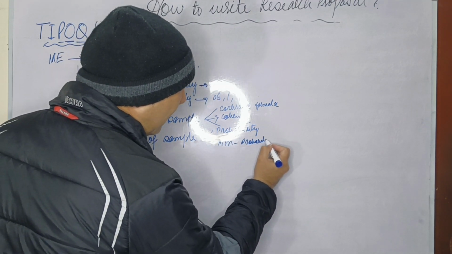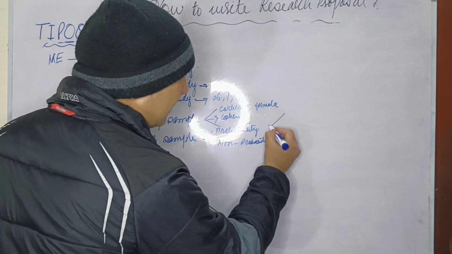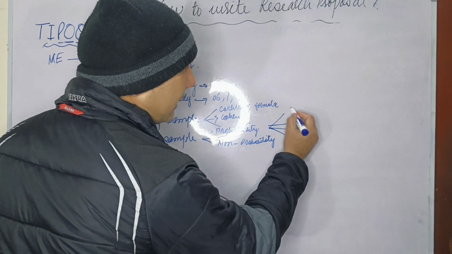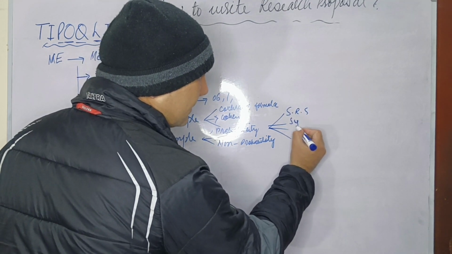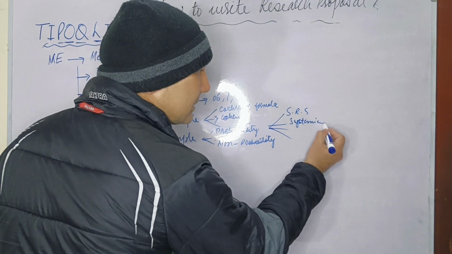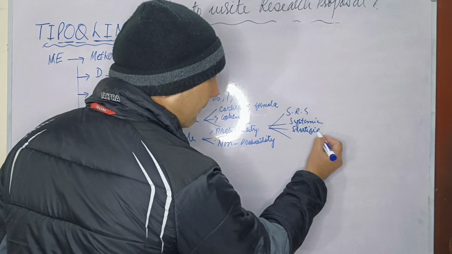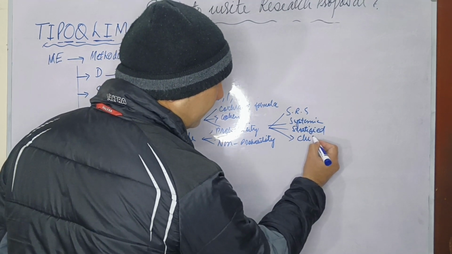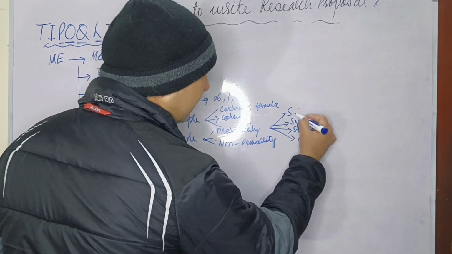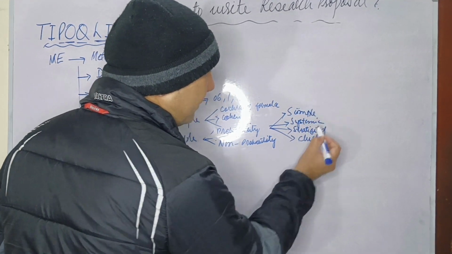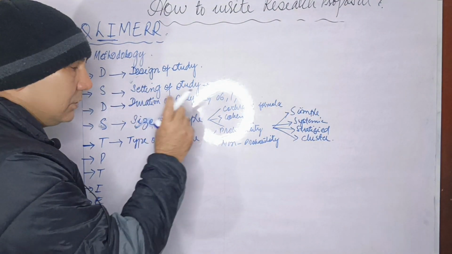Probability sampling again has 4 types: simple random sampling, systematic sampling, stratified sampling, or cluster sampling. These are the types of probability sampling. Which type of probability sampling you will use to collect your sample?